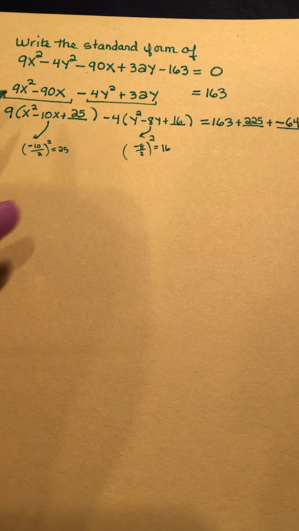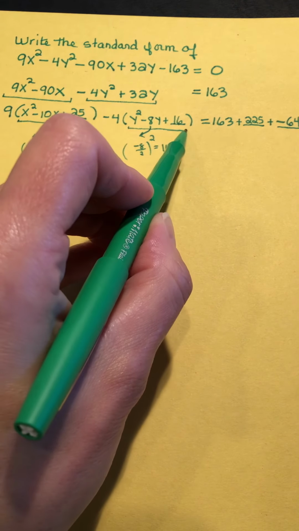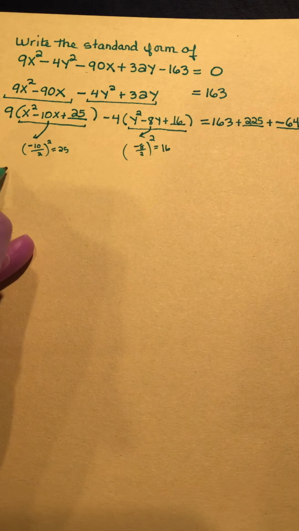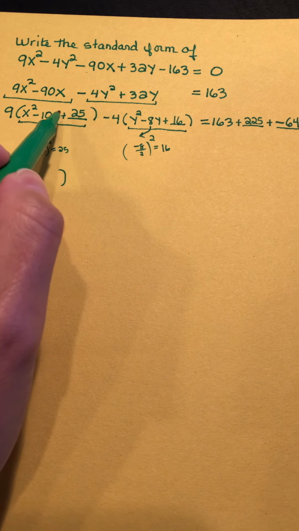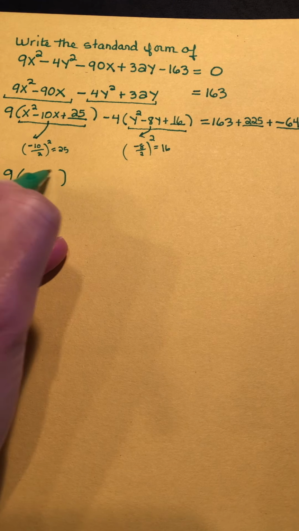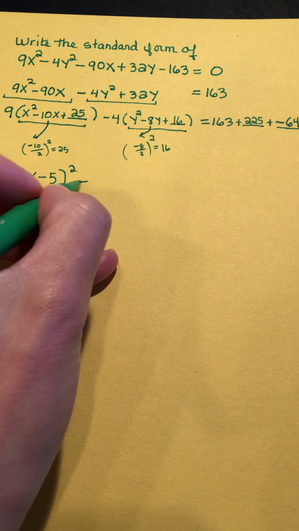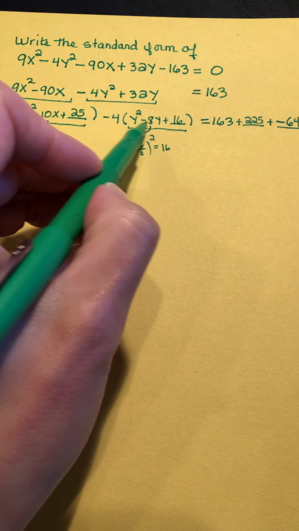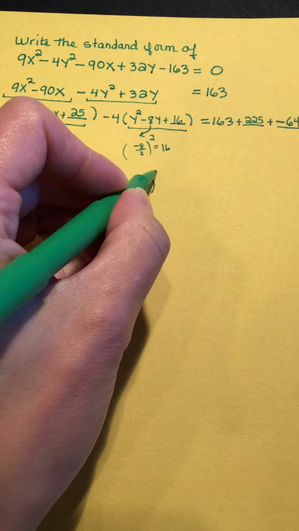At this point, I can now write these trinomials as binomial squares. So I'm going to take the 9 and make this trinomial the quantity x minus 5 squared. Okay, those are equivalent. I'm going to take the negative 4 and make this trinomial the quantity y minus 4 squared.